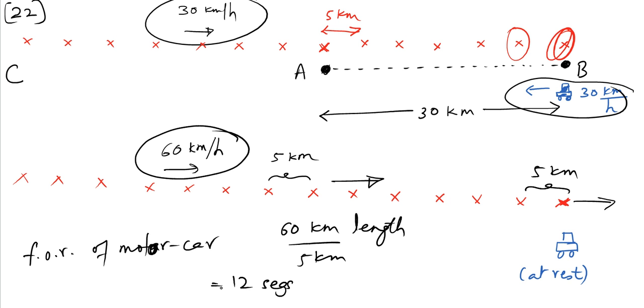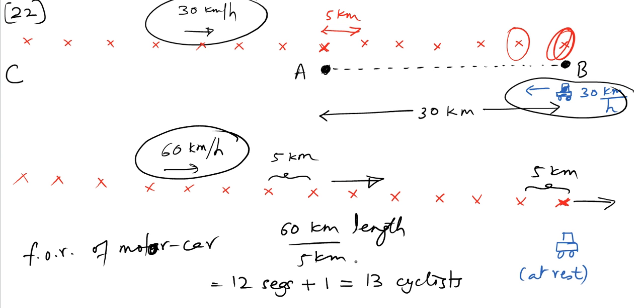And since there are 12 segments, and at the beginning and end of every segment there is one cyclist, I must add 1, and I get 13 cyclists. So there are 13 cyclists, and there are 12 5-kilometer segments in between them.